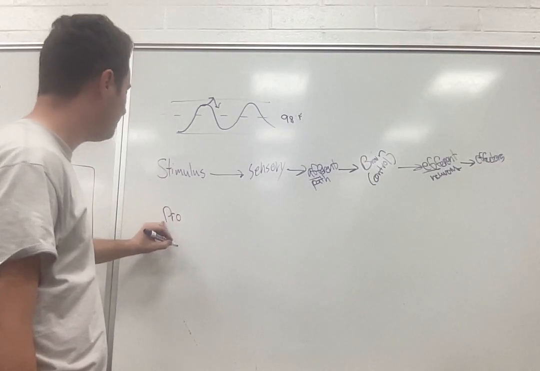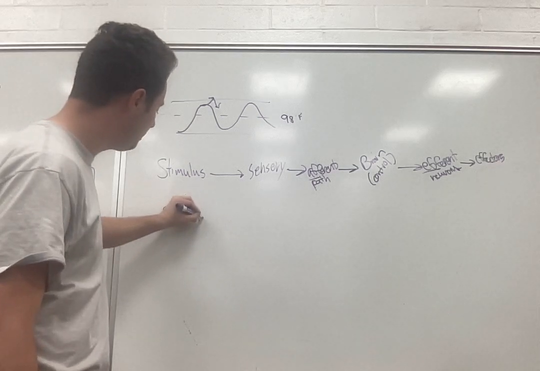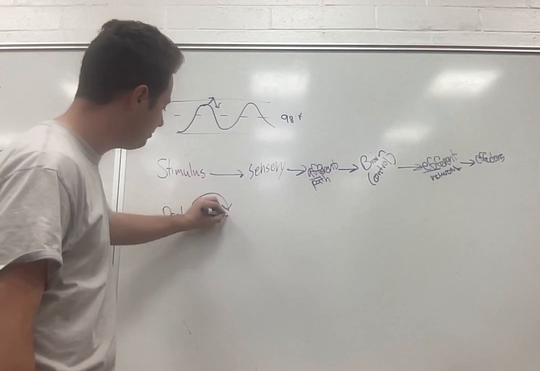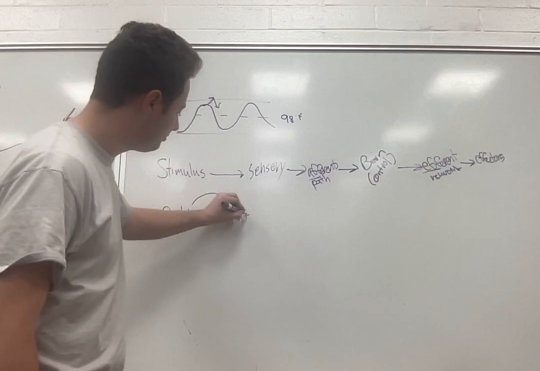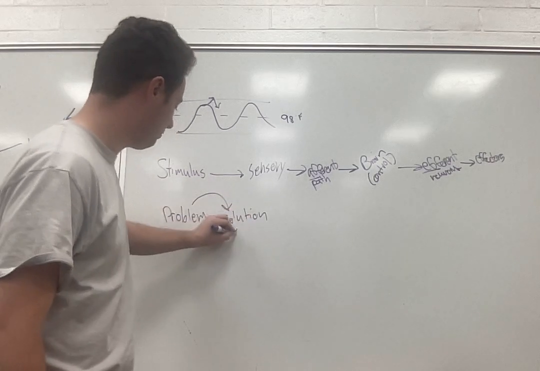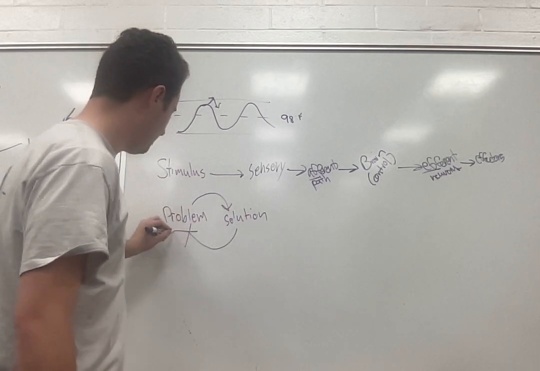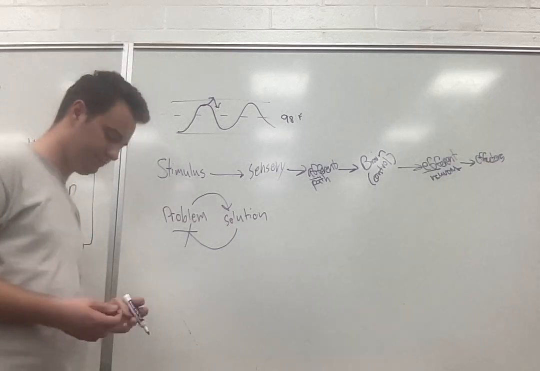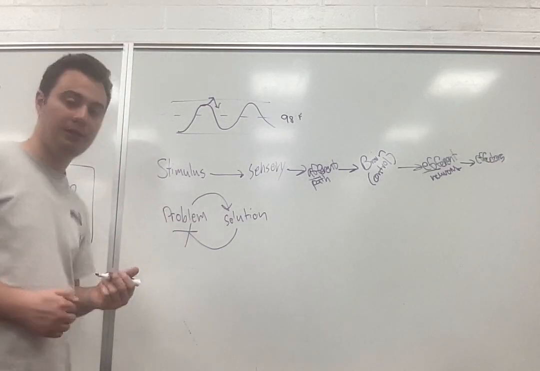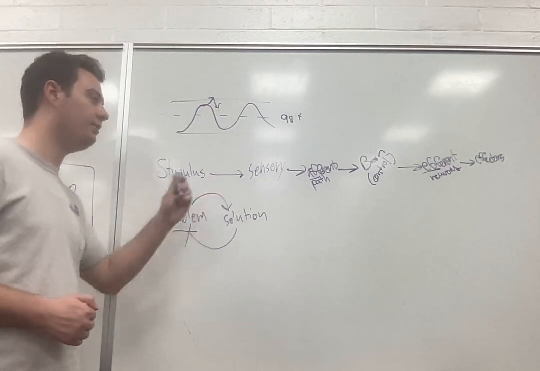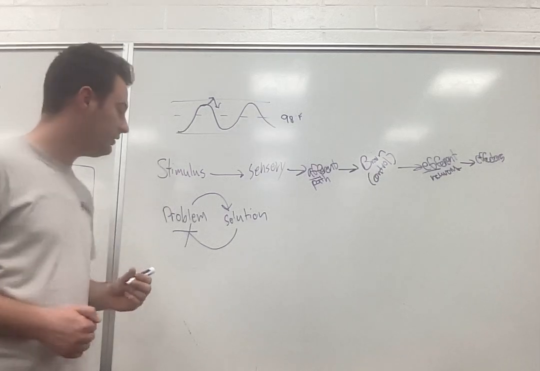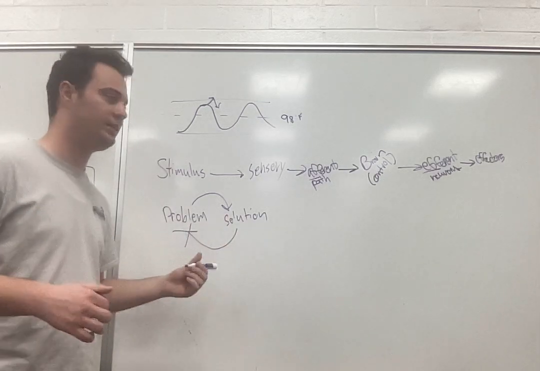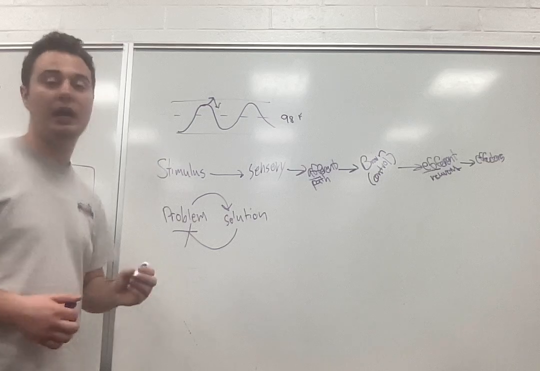All right, a negative stimulus is when the problem causes the solution to prevent more of the problem. Just like how when the problem of heat causes the body to come up with a solution of sweat, you sweating most of the time will not cause you to get hotter.